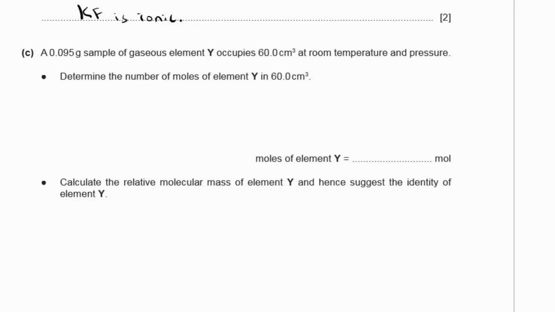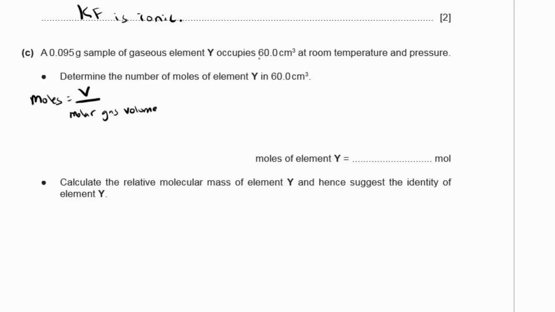C. A 0.095 gram sample of gaseous element Y occupies 60.0 centimeters cubed at room temperature and pressure. Determine the number of moles of element Y in 60.0 centimeters cubed. Okay, so for this, you need to remember how you calculate moles for a gas. So we have moles equals the volume over the molar gas volume.